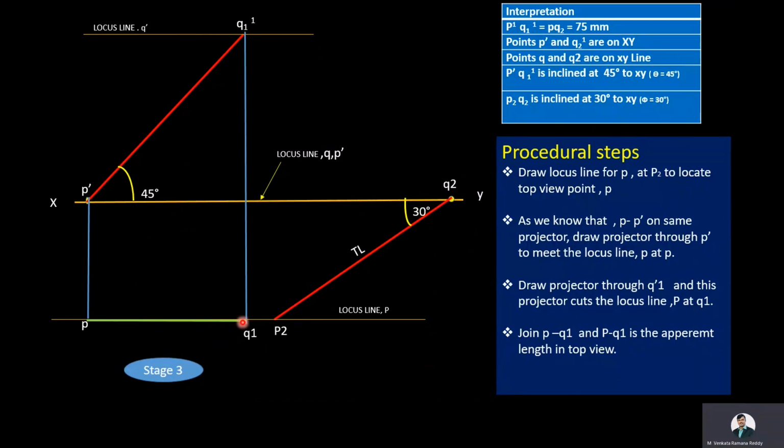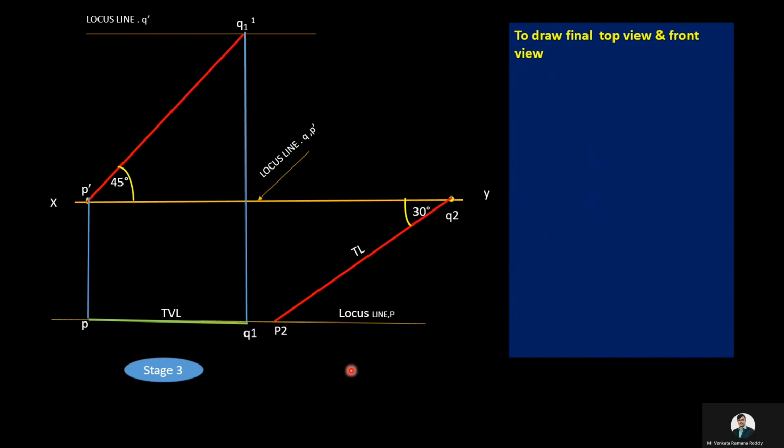Next step is drawing the final projections of the line in both front view as well as top view. Now we'll draw the final projection of the line in top view as well as front view. For that, what we'll do? Here PQ1 is the top view length.